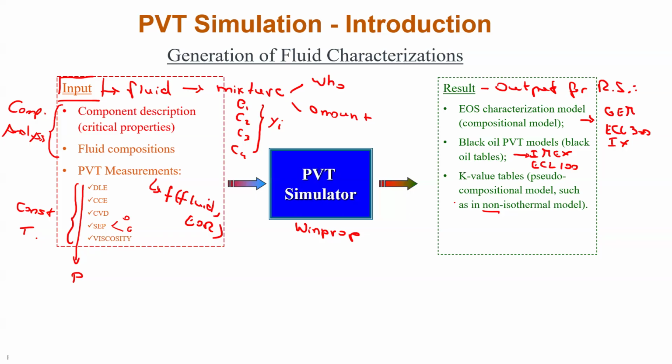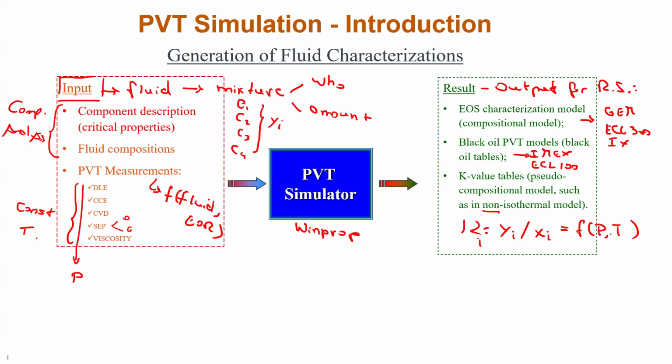The k-value is the ratio between the amount of one component i in the gaseous phase and the same component in the oleic phase. So this relationship is the solution. It means the relative amount of this component in each phase. So this is a function of pressure and temperature.